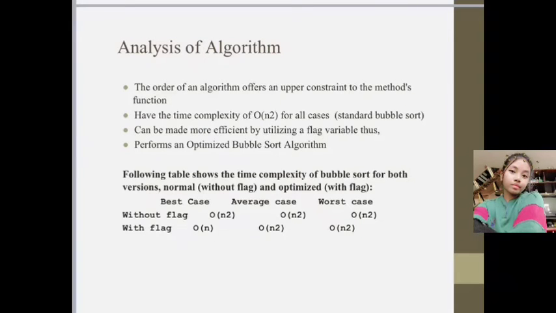I guess you already get the hang of it, so we now proceed with the analysis of the algorithm. First off, the order of an algorithm offers an upper constraint to the method's function, whereas the growth function depicts the link between the size of the problem and the value to be optimized.